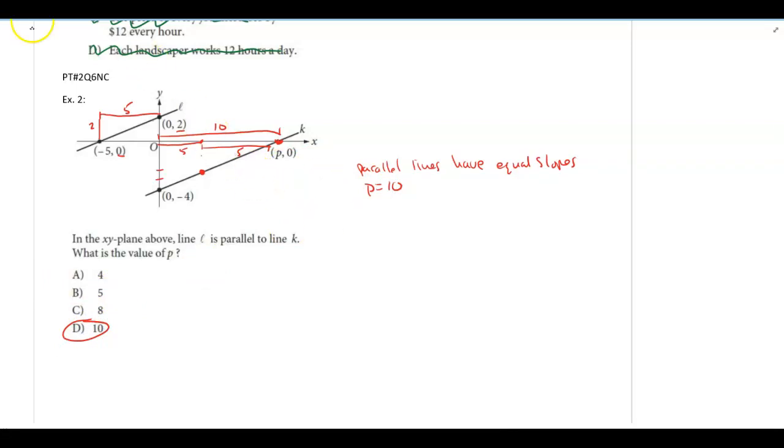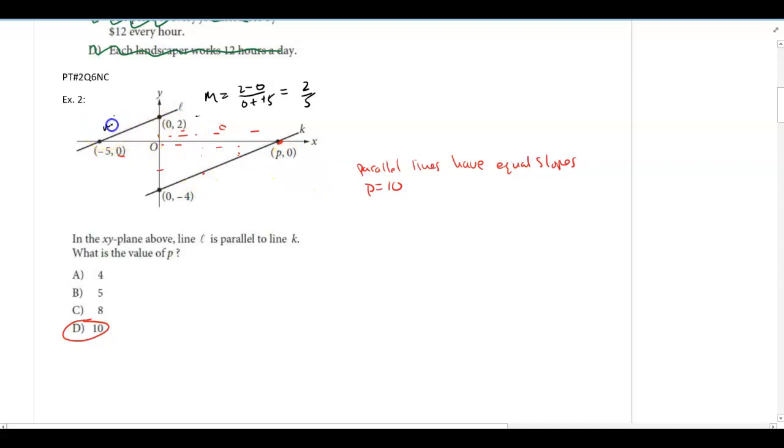Now, another way to look at this problem would be to actually calculate the slope and algebraically find it. So right away, if I use the slope formula here, m equals 2 minus 0 over 0 minus -5, so I would get 2 over 5.